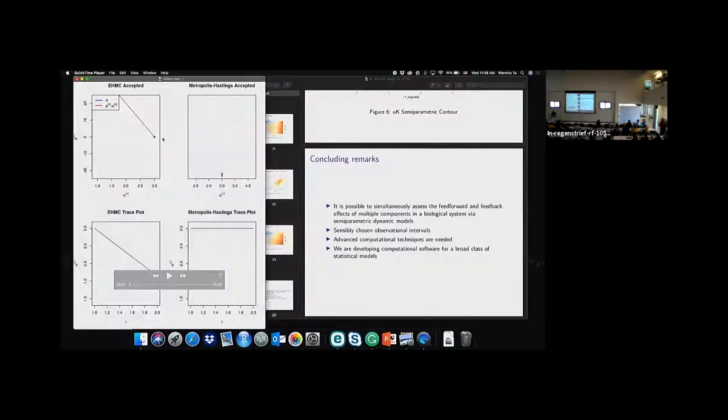This is a comparison between the traditional MCMC, the random walk Metropolis-Hastings algorithm, and the Euclidean Hamiltonian Monte Carlo. This one is HMC, Hamiltonian Monte Carlo. This one is Metropolis-Hastings.